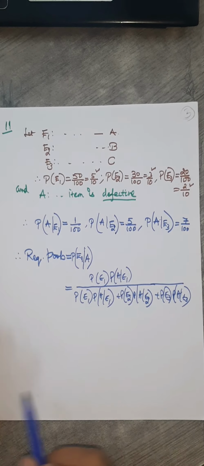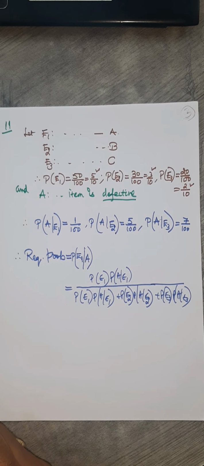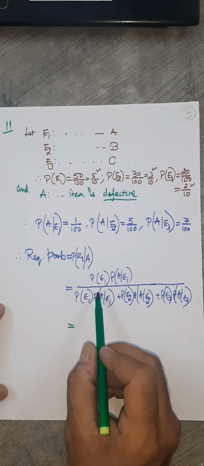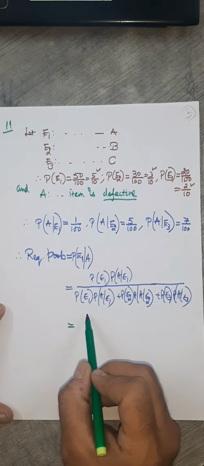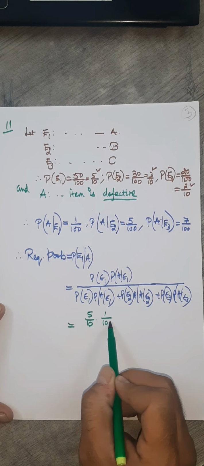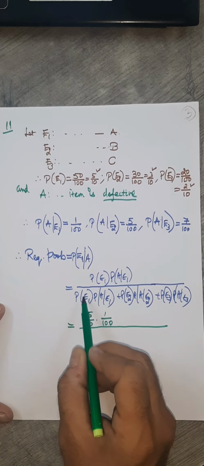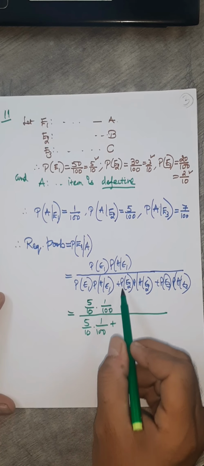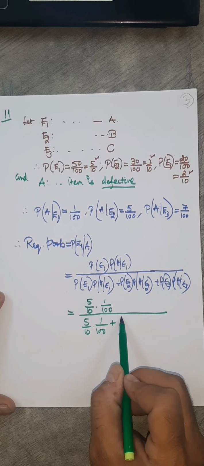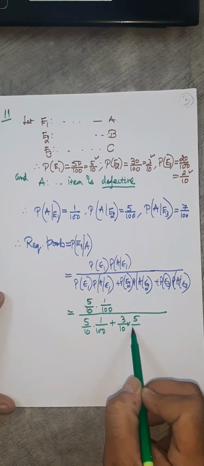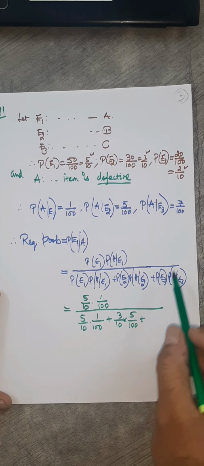Now we are just placing the values. So here P of E1 is 5 by 10, conditional probability 1 by 100. This is 5 by 10 into 1 by 100 plus E2. What is E2? That is 3 by 10 into A over E2, which is 5 by 100. Plus, what about the last one?